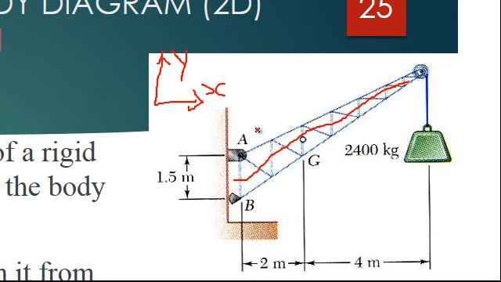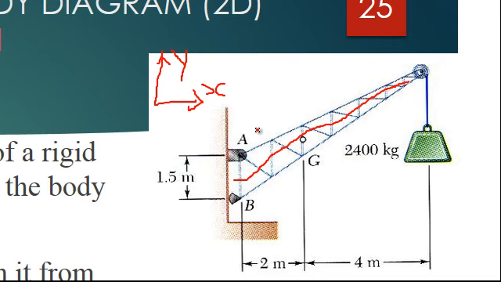I can call it FAX, or I can call it AX, and the other one will be AY. Then at B, it is a roller, so I only need a horizontal force, which can be B.